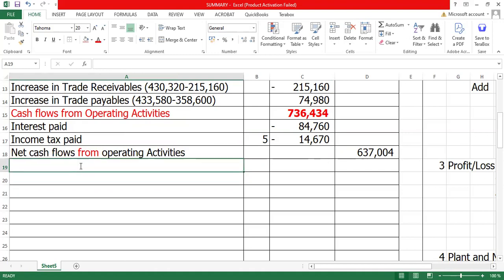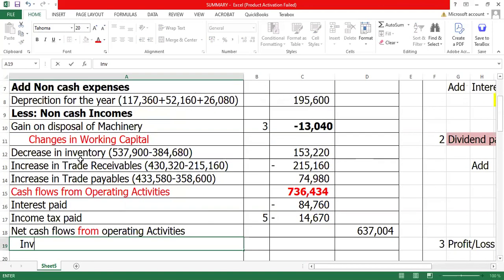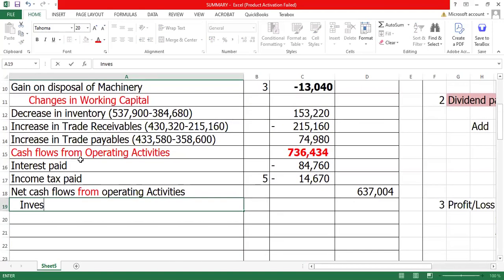Then the next component we are going to look at now is the cash flows from investing activities. That is the next component.